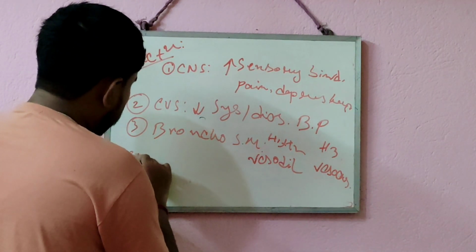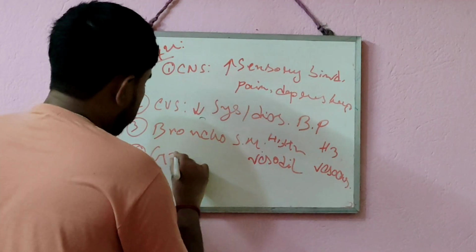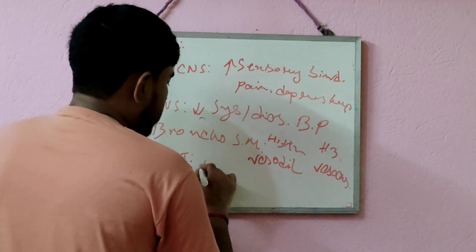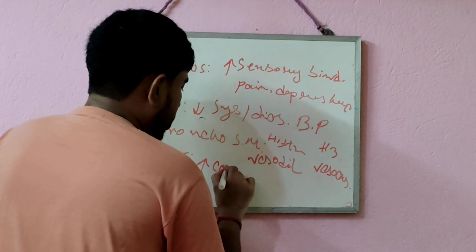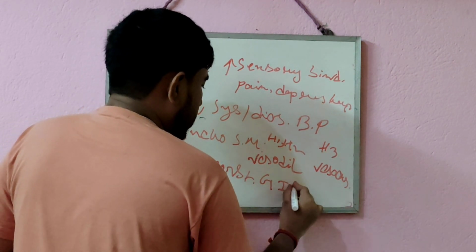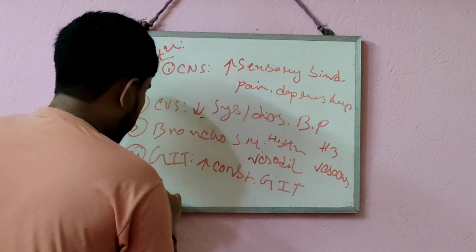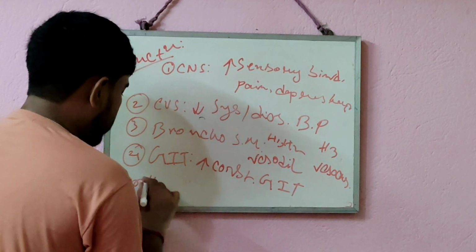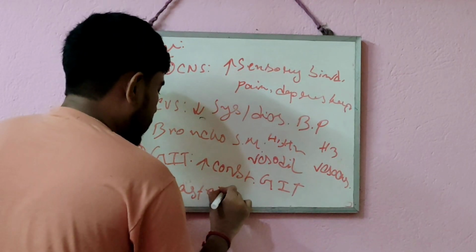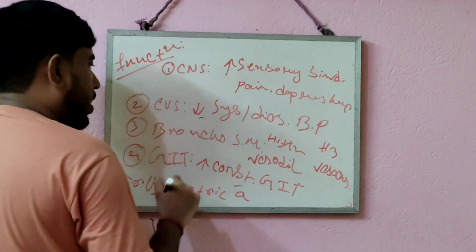Then we will discuss the action in the gastrointestinal tract. In the gastrointestinal tract, histamine increases the constriction of the GIT, which improves the release of gastric acid from the gastrointestinal tract.